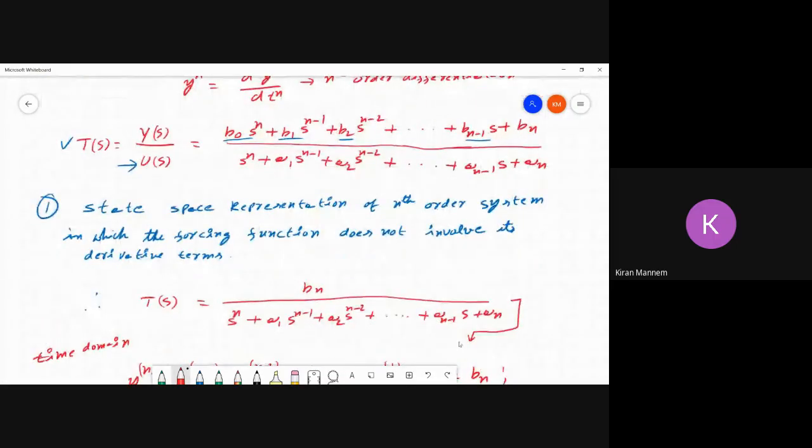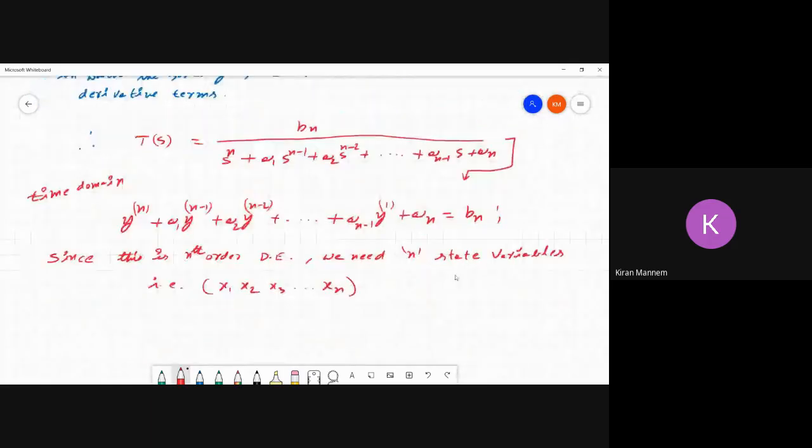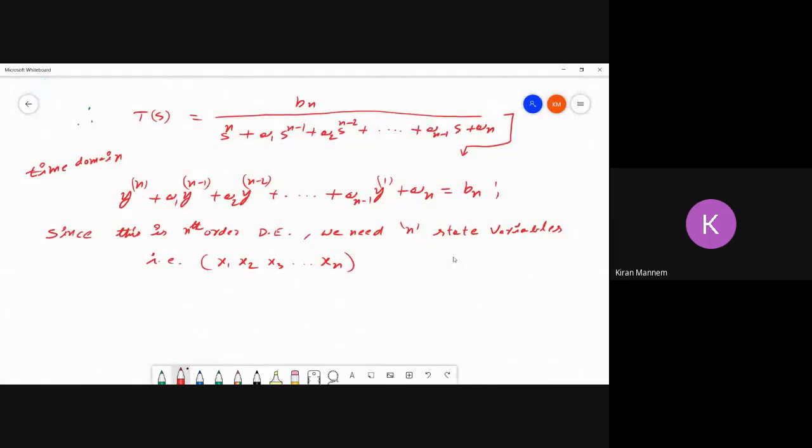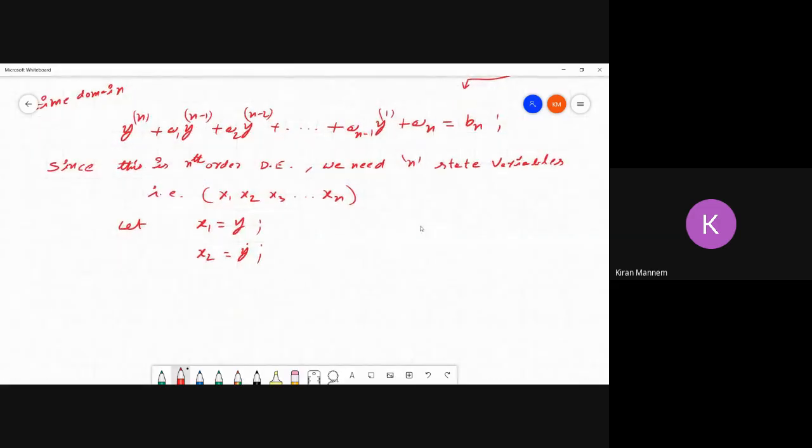So, first we should assume the first state variable x1 is equal to y, right? And the next state variable x2 should be the derivative of the output. So this is y dot, right? And the third variable x3 would be y double dot, right?